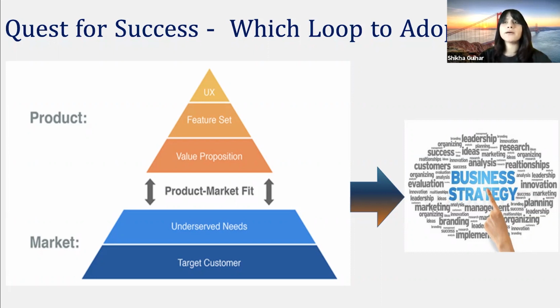So what I'm trying to explain here is that even though you will have one major macro loop that is mapping your company strategy, depending on the type of feature, or if you have adopted a viral loop, then you need to have another loop in conjunction to that. That is required, and therefore the understanding of all these different loops, and when and which loop to fit in, is quite essential.